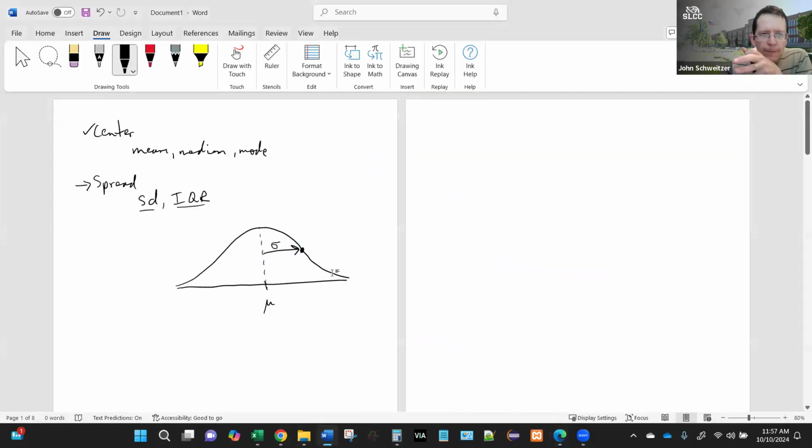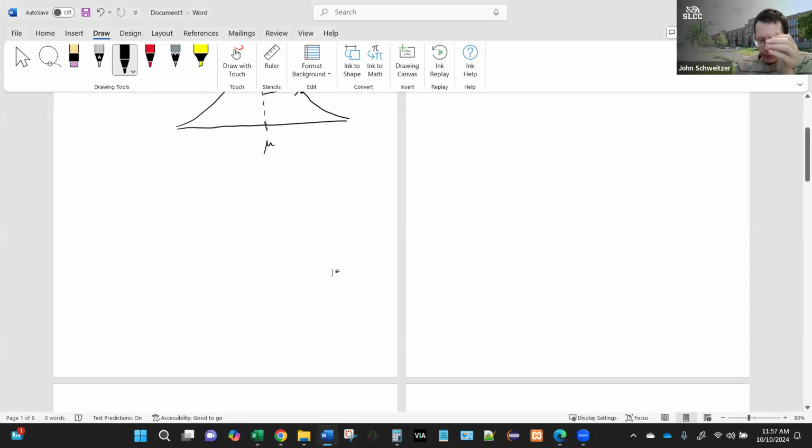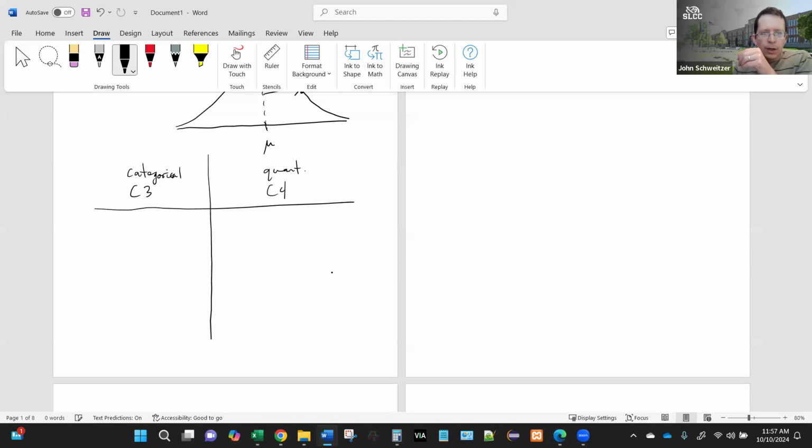As I mentioned earlier, these two chapters are parallel to each other. We have chapter 3, which is categorical, and chapter 4, which is quantitative. In chapter 4, we developed graphs: stem and leaf plots, dot plots, histograms.